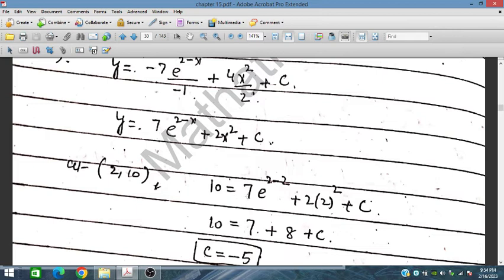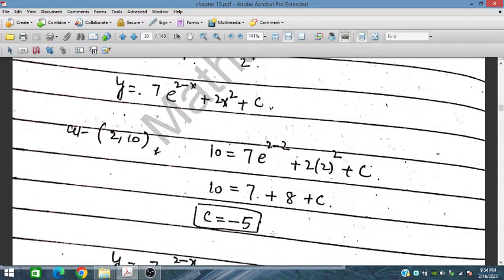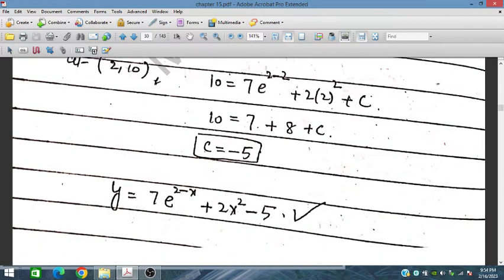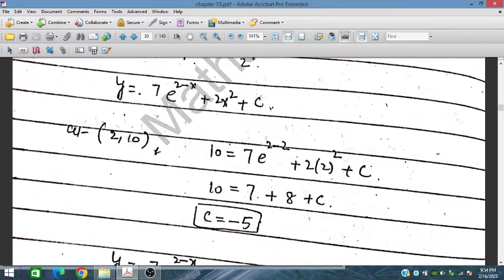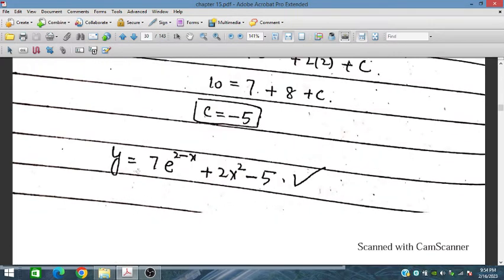So 10 is equal to 7 e^0, which is 1, so 7 plus 8, that is 15, so c is equal to minus 5. In place of this we write minus 5 here, so y is equal to 7e^(2-x) plus 2x^2 minus 5. This is the required equation of the curve.